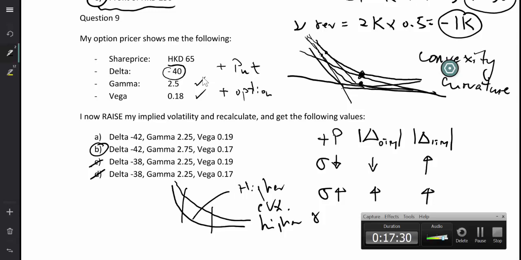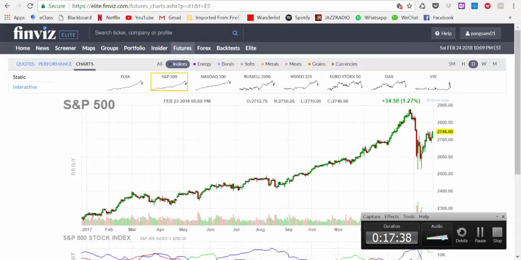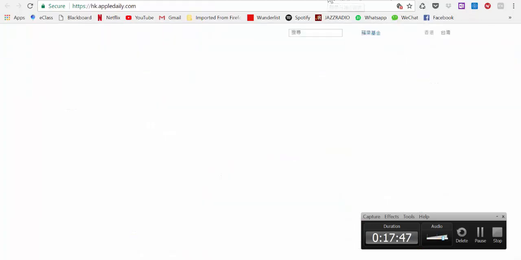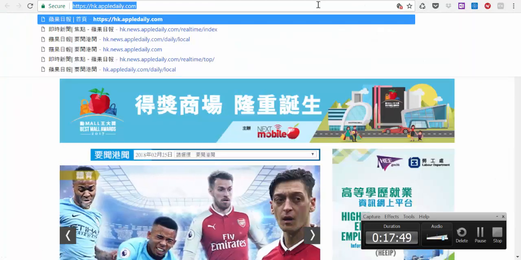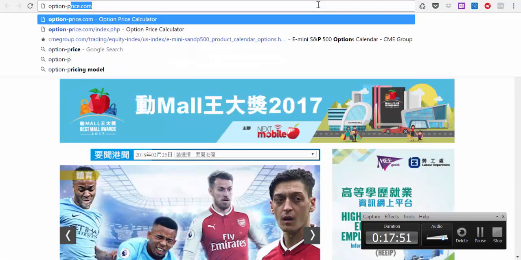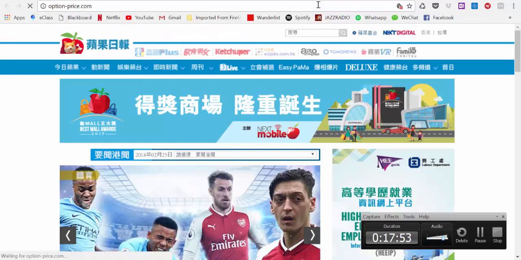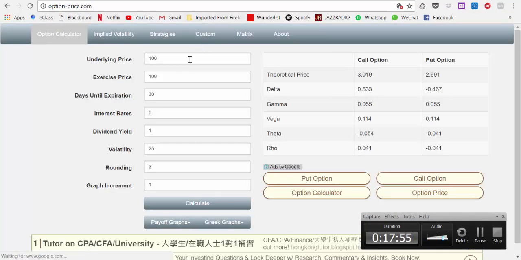Now, what this is saying is, well, let me try and make it simple. I need to open a new one. So underlying is 65.